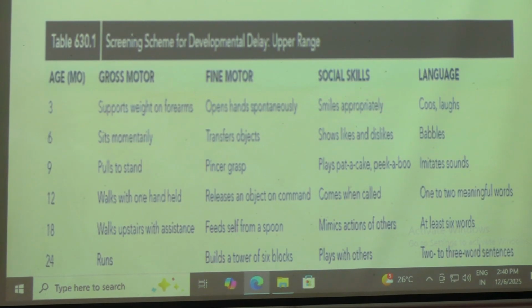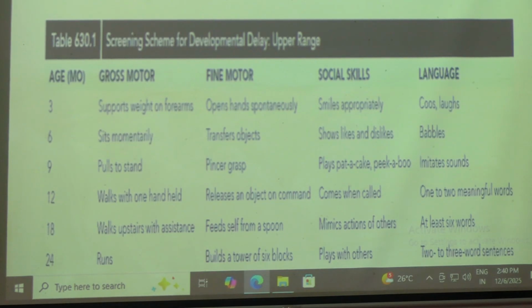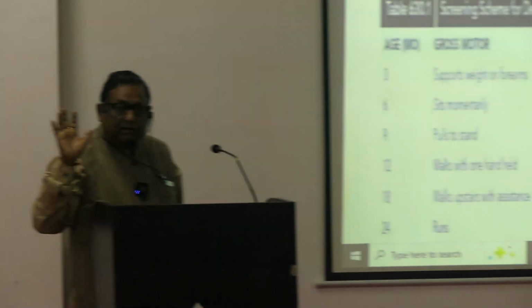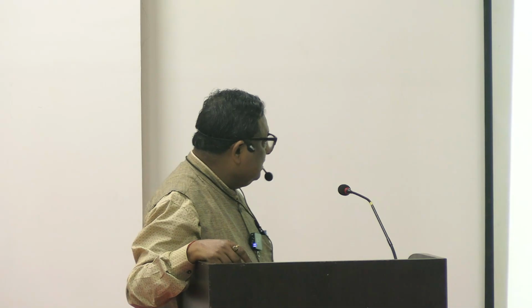Then you tell his motor development is 6 months, his fine motor development is also 6 months, language development is also 6 months, social also 6 months, so his development is normal. Understand how to tell in exam? If the development is as per age in all these domains, then tell normal. But if you tell normal without examining, you will be caught in the class.